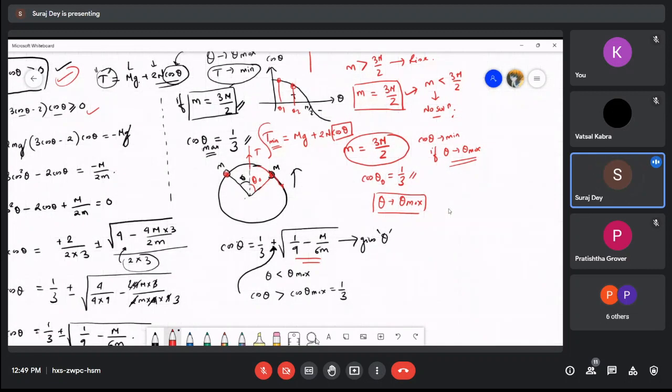So from all this we can say that cos theta at the maximum possible angle up to which the ring can rise has to be 1 by 3. And we know that cos theta is a decreasing function, so cos of any theta should be greater than cos of theta at this maximum.